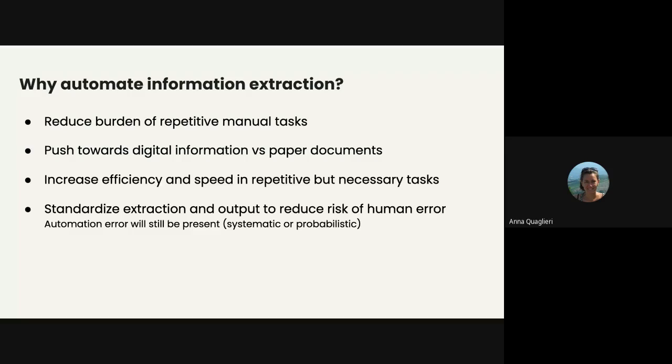This error will be either systematic or probabilistic. If the method we use to extract the data is rule-based, for example, if this then do that, a deterministic way of doing things, or if instead we build a model, then we will have to deal with model biases and all those sorts of things, which I'm not going to talk about today, but keep that in mind.